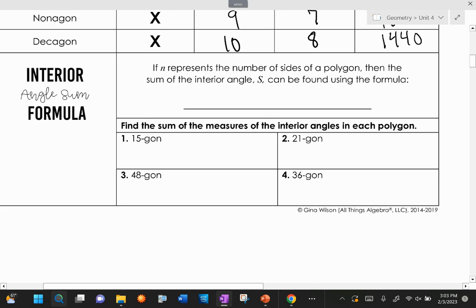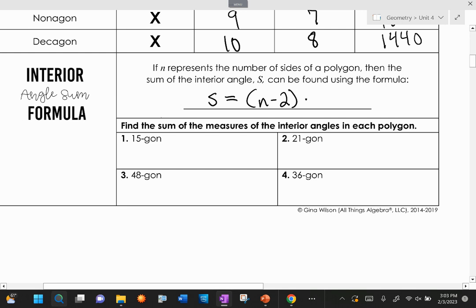This is always my fault, and I apologize, but come back. Bram, please read the interior angle sum formula. Okay. If n represents the number of sides of a polygon, then the sum of the interior angles can be found using the formula. So what's the formula?